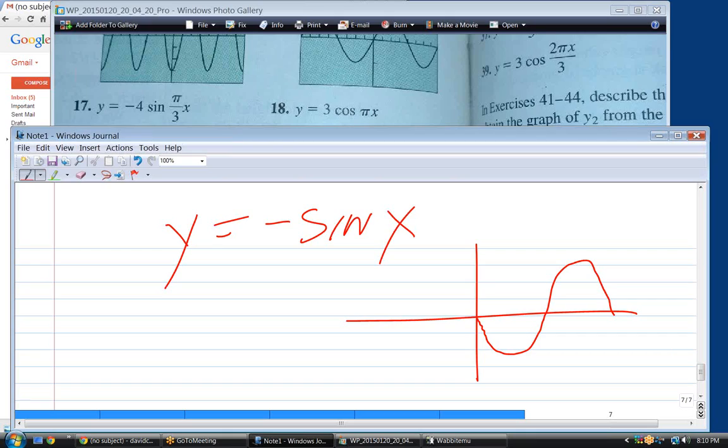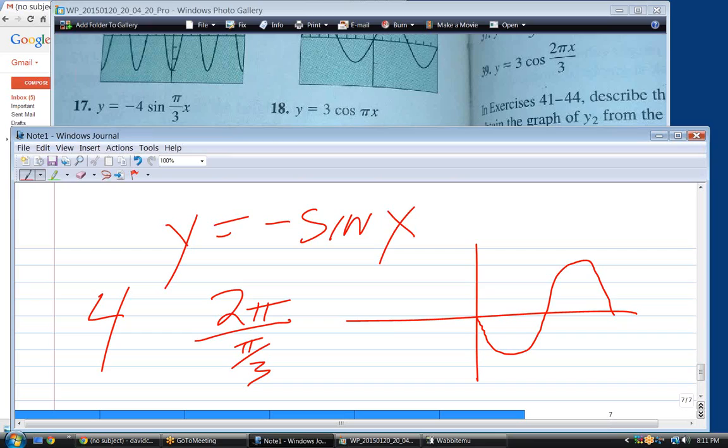Okay, so what's the amplitude of this? 4. And the period? 2 pi over 3. Which is? So it's 2 pi divided by pi over 3.